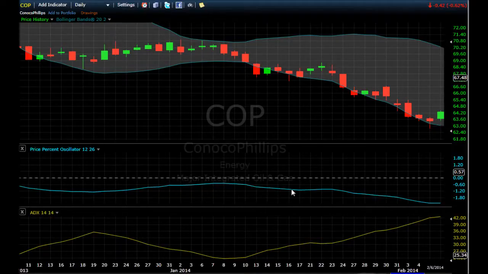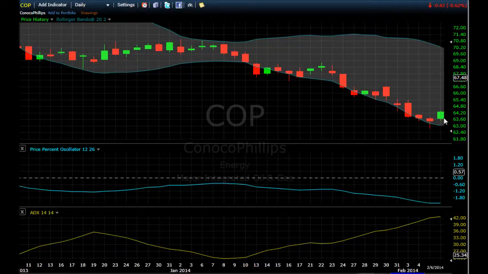So when these two lines are converging here, getting very close together, that's your signal. That's showing you when to go long on this stock.